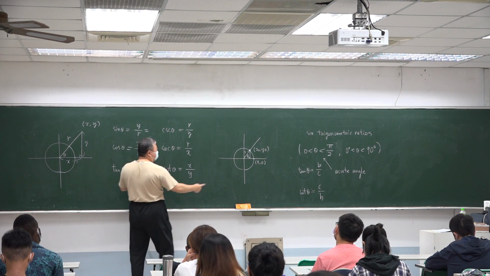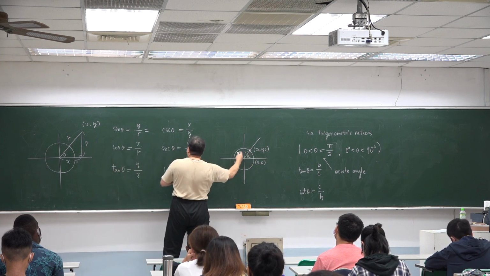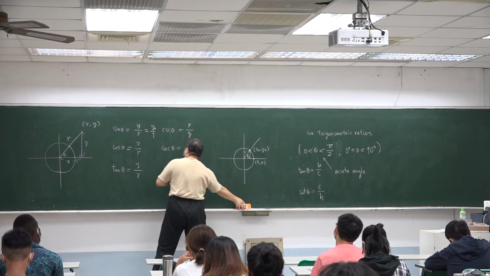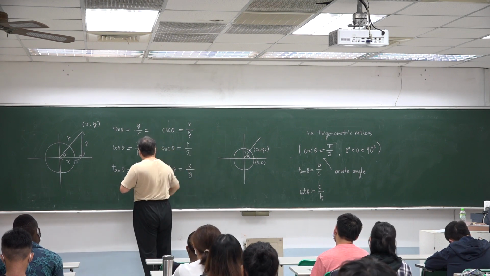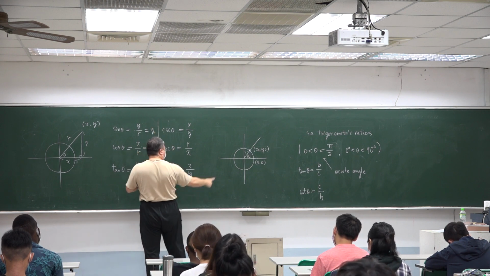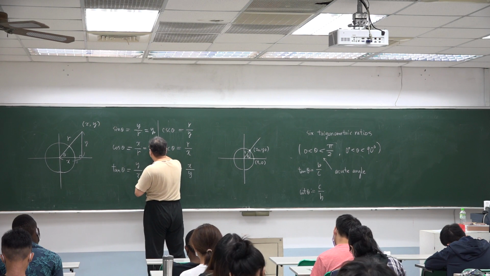Equals y naught over 1. In fact, it's exactly the y coordinate. Similarly, when r equals 1, this is exactly x naught.